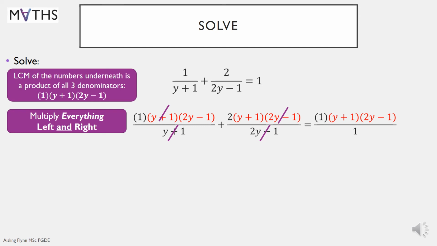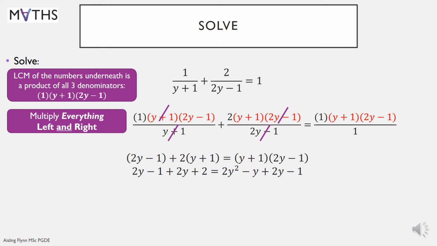Now, simplifying each term. So the first term gives me 2y minus 1. The second term, we have to multiply 2 by y plus 1. And on the right, we'll have a 2 by 2 multiplication to do at the next stage. Okay, so the fractions are gone. That's what we wanted. So removing brackets, this is what we'll have.